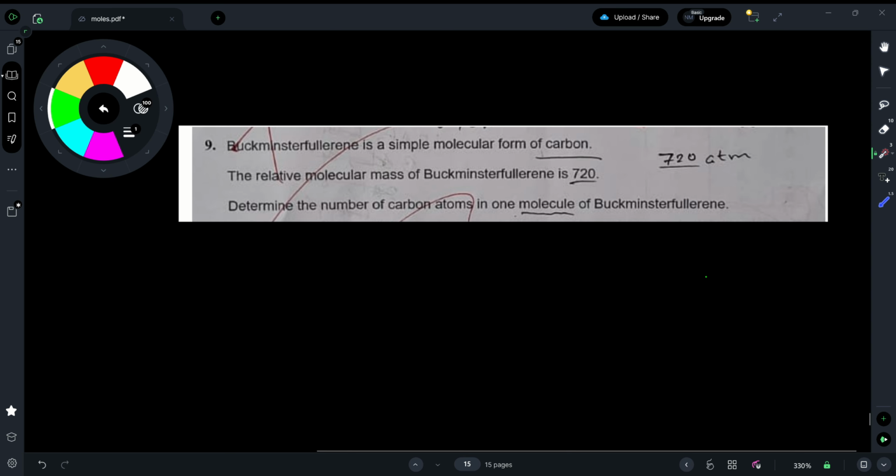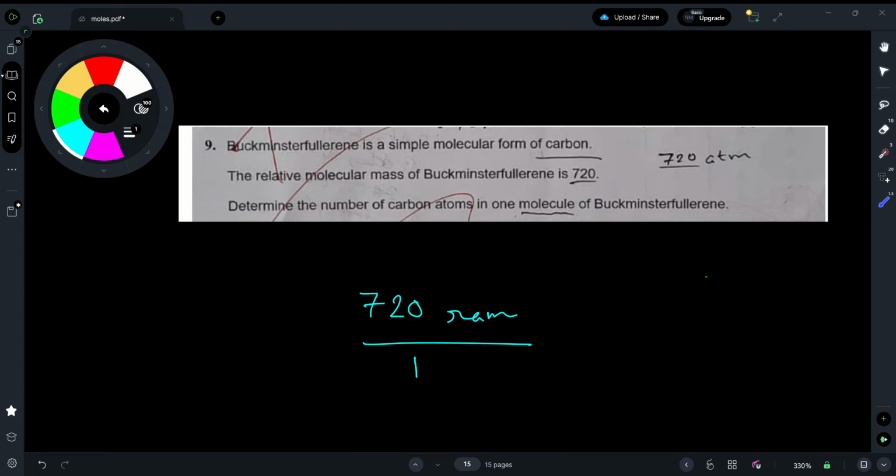So first, let's understand what we have. We have the relative molecular mass, so the mass number combined of Buckminster fullerene is 720. We know it is made of only carbon. So you can just write 720 relative atomic mass units divided by the relative atomic mass of carbon, which is 12, and you get 60.